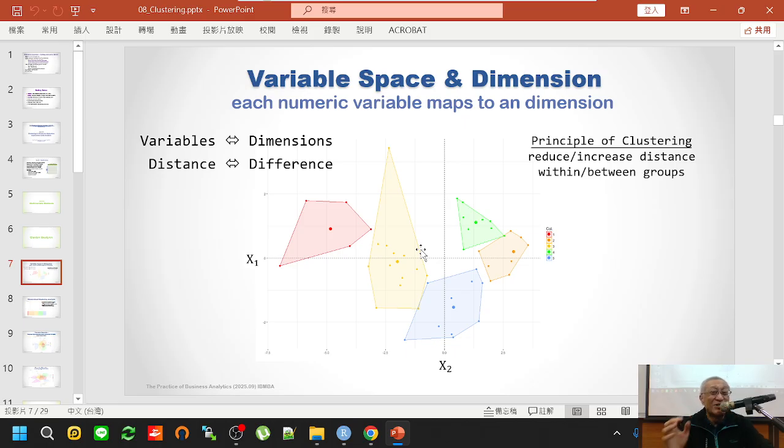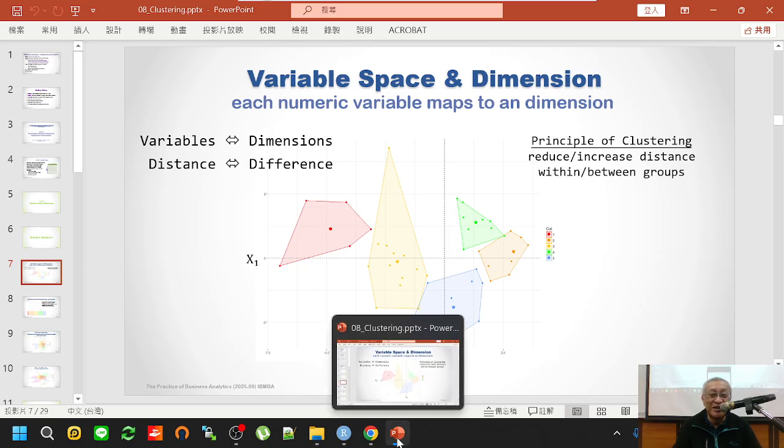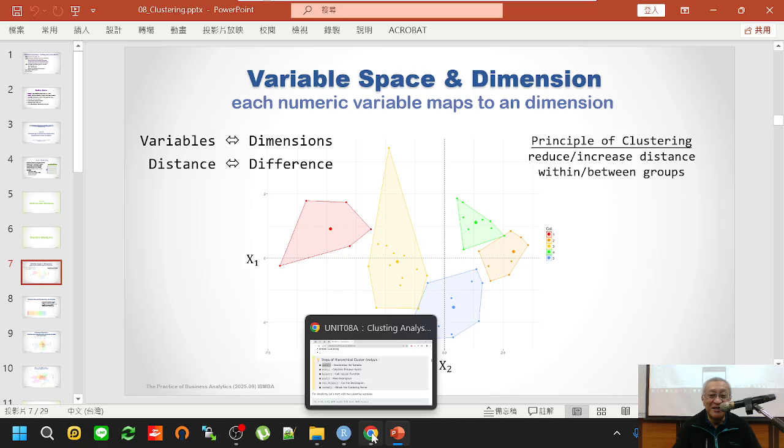Okay, so after doing that, every variable has the same scale, so that when we do the mapping, we can calculate the distance correctly, right? So the first step of doing the clustering is actually doing scaling, right?